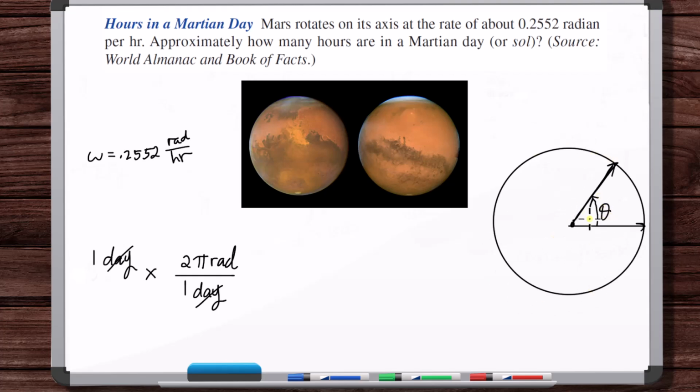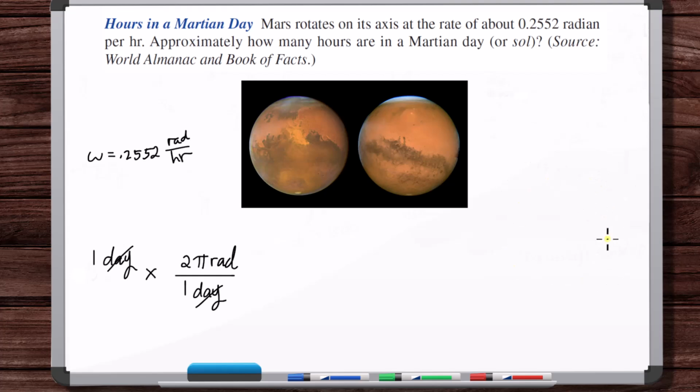They're asking how many hours it takes for it to rotate all the way around. So 1 day is 2 pi radians, and they're asking how many hours it takes to rotate 2 pi radians. That's why we've converted days to radians.